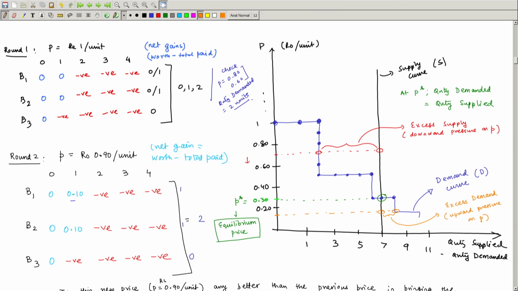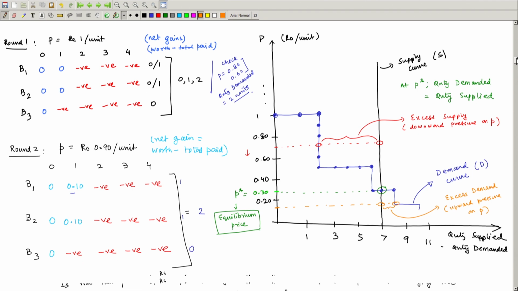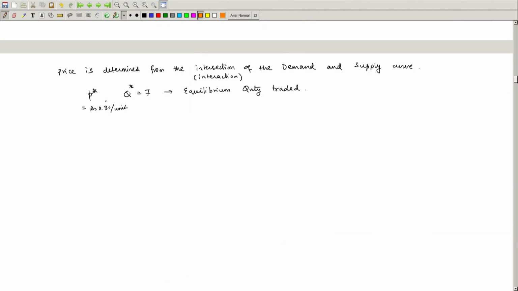So, what we now learn is that when P is greater than P star or when P is less than P star, there is either going to be an excess supply here, or an excess demand here. But at P equal to P star, notice that is an equilibrium. So, the quantity demanded is exactly equal to quantity supplied.